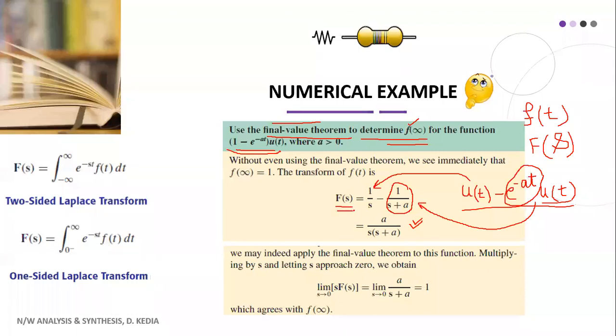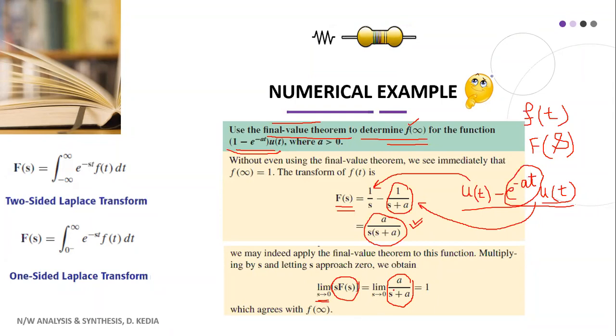This is F(s). Now, in order to use the final value theorem, we need sF(s). So we need to multiply this expression with s. So s will be cancelled. You'll be left with a upon s plus a. This is your sF(s). And in this sF(s) term, we need to substitute the limit s tends to 0, meaning we have to make s approach 0.